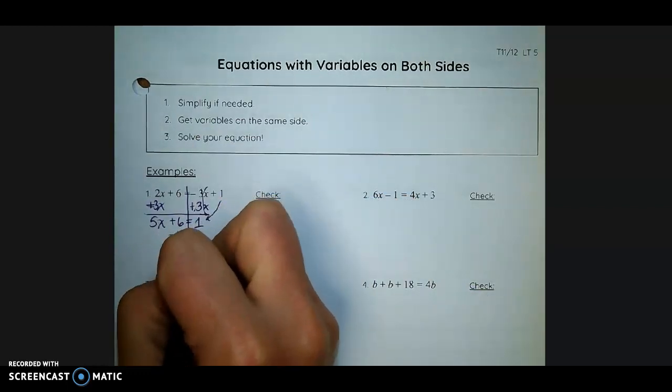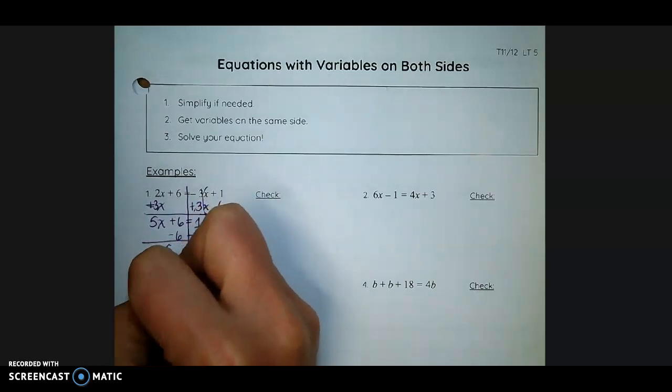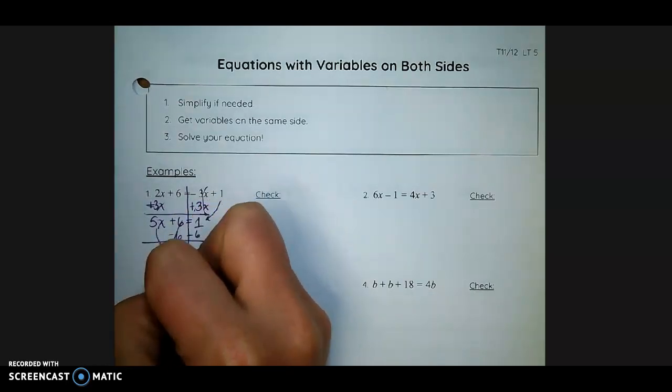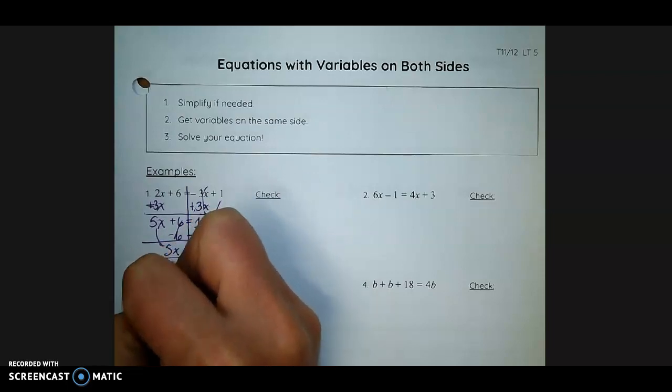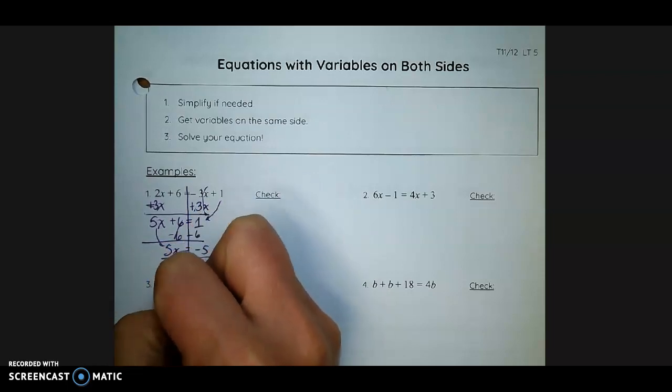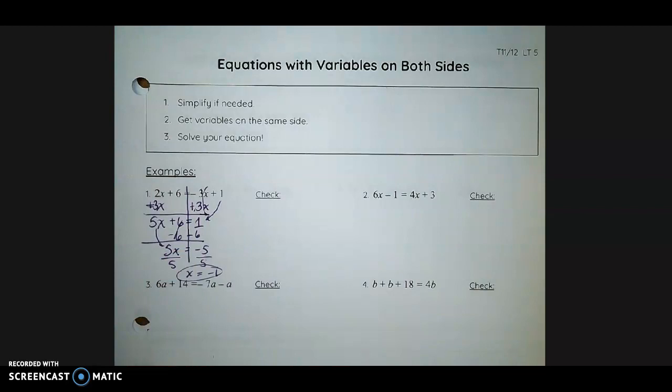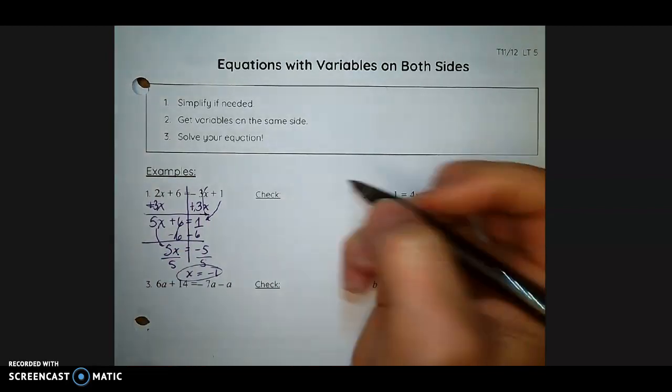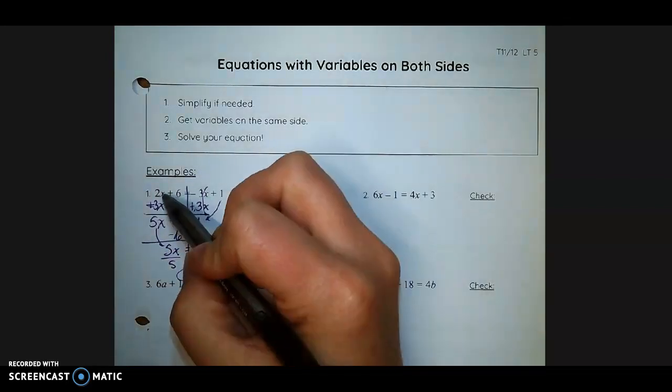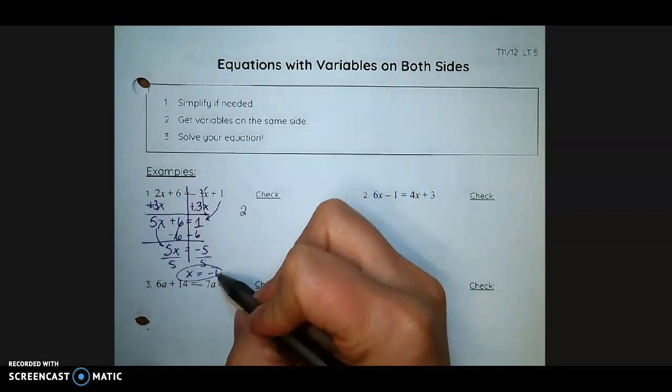Now I'm going to solve it like I've been solving all of my others. And I get x is equal to negative 1. I'm going to go back in, and I should be able to go wherever that x is and plug in the negative 1.